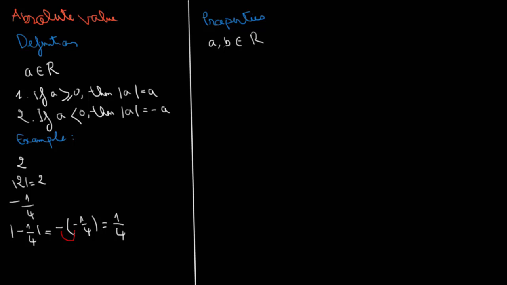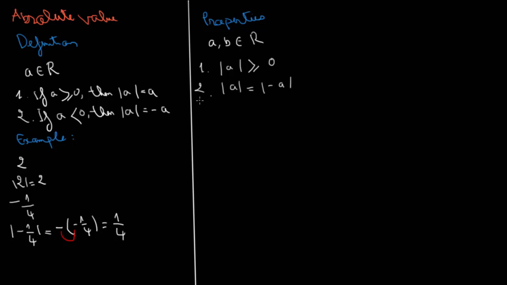The first statement is that the absolute value of a is always greater than or equal to 0. And the absolute value of a is always equal to the absolute value of minus a.